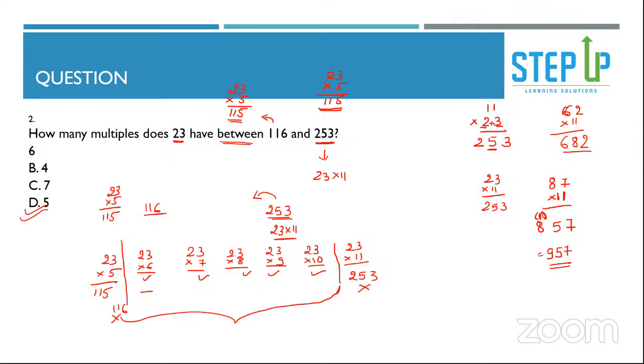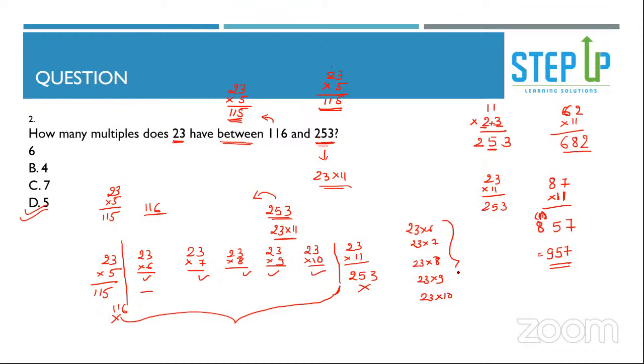All right. I'll repeat quickly. We know that 23 into 5 is 115 and 23 into 11 is 253. So basically 23 into 6, 23 into 7, 23 into 8, 23 into 9, 23 into 10.